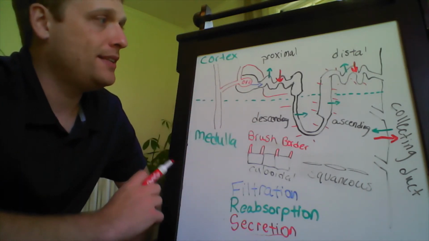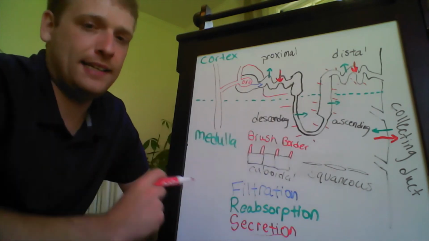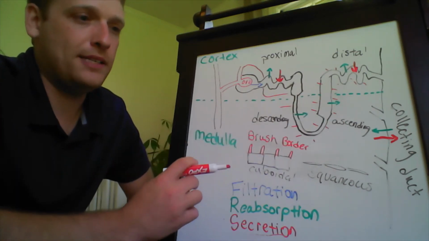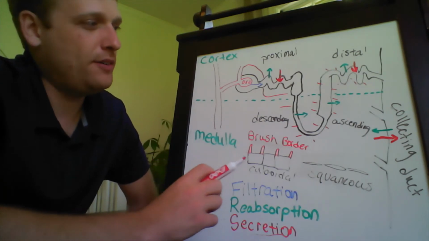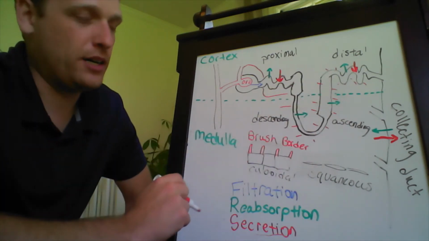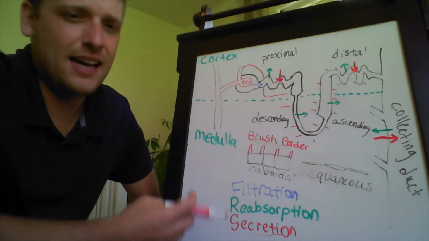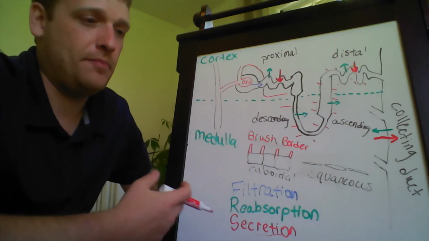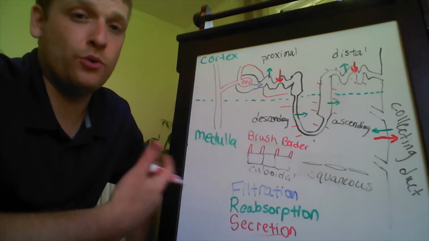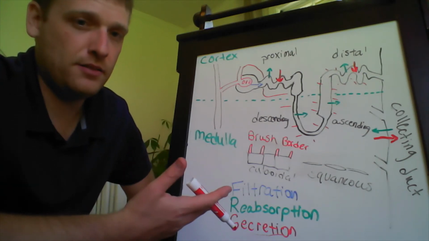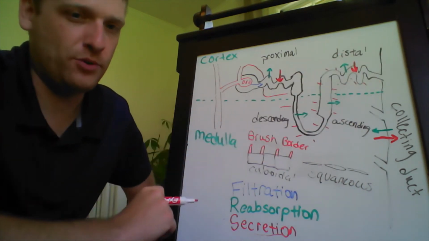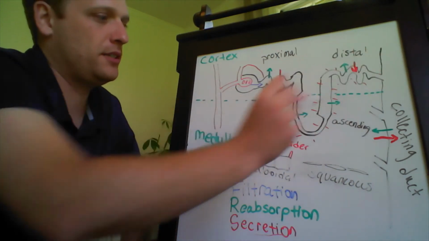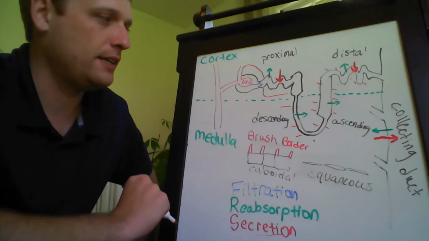The distal tubule and the collecting duct are both going to be places where fine-tuning occurs. So the amount of reabsorption and secretion that's going on in these two places is actually going to be dictated by the levels of certain hormones or chemical messages that adjust, fine-tune how much reabsorption is going on in the distal tubule and the collecting duct.